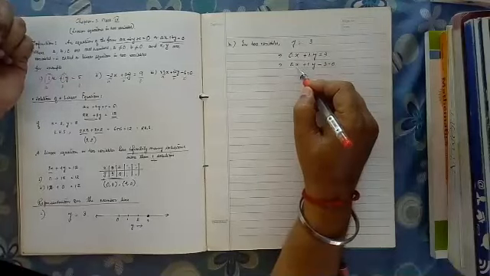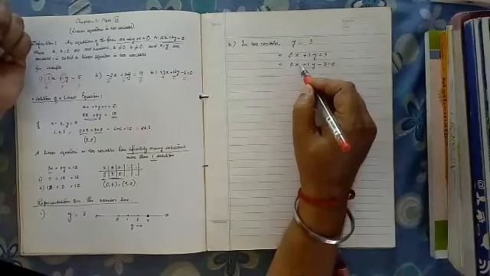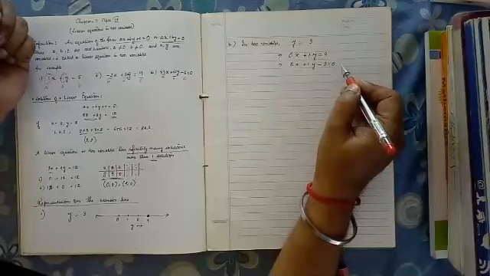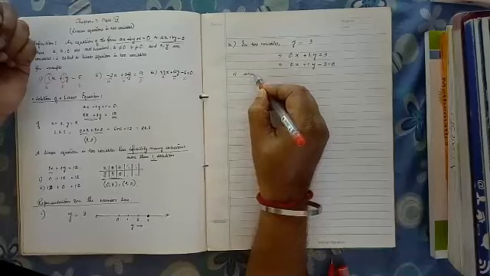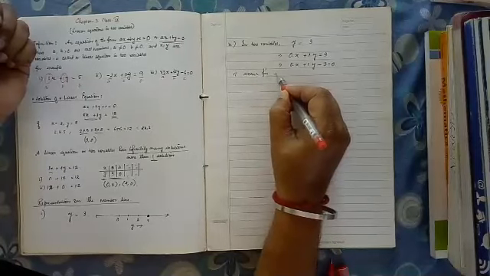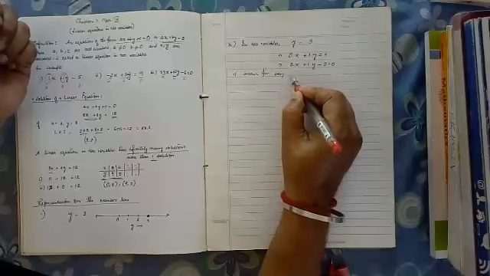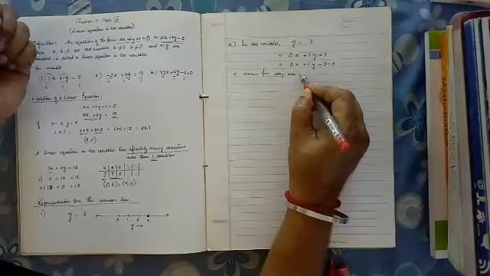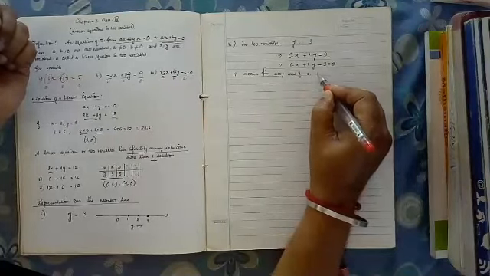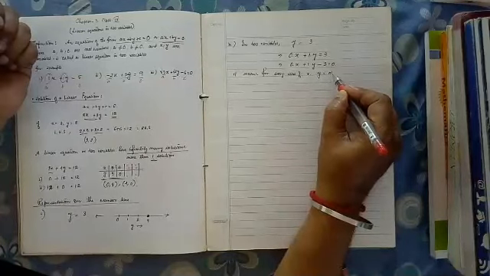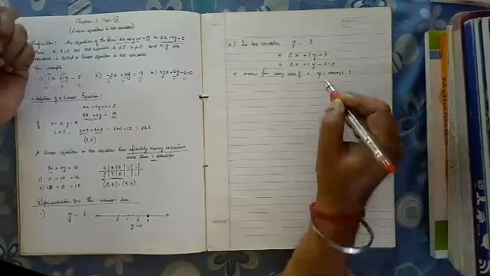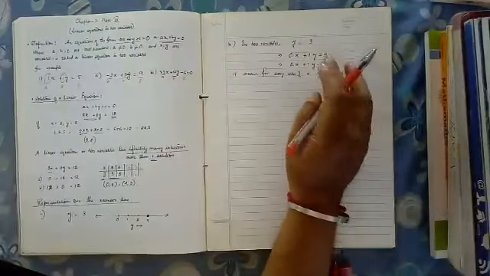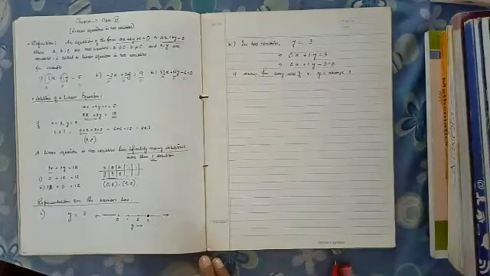Whatever the value we are taking for x, this term becomes 0, that is y is always 3. It means for every value of x, y is always 3. So here we represent the same equation in two variable form.